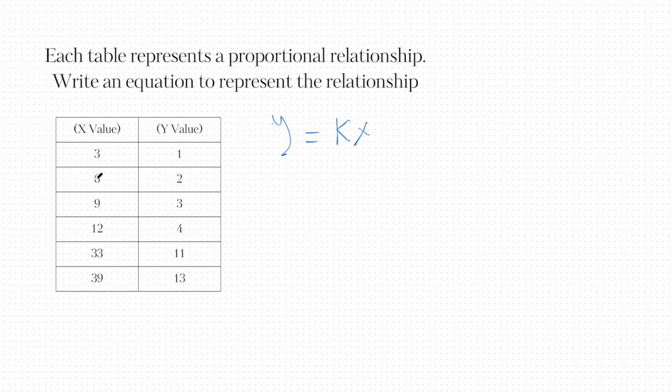So 6 divided by 3 is 2, 9 divided by 3 is 3, 12 divided by 3 is 4. So when we divide by 3, that really means 1/3 is the k value. So for this equation, it's going to be y equals 1/3 x. And there it is.